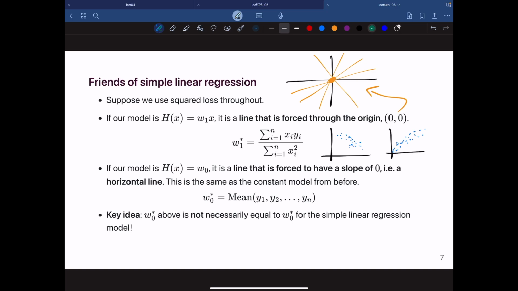In the case of the right-hand model, having something that passes through the origin may make a lot of sense. Whereas if you have a model like this, having a line pass through the origin would not make a lot of sense. So for example, if you're trying to predict housing prices, it is not the case that a house's price is $0, as much as I would like that. It doesn't exist.